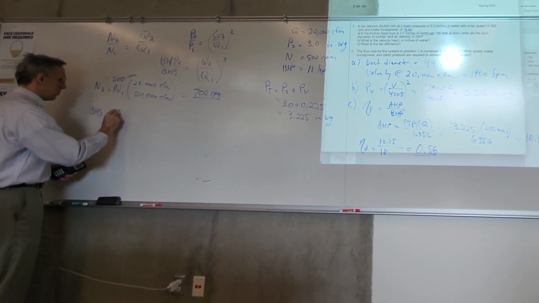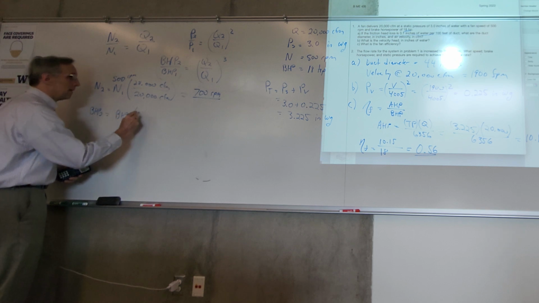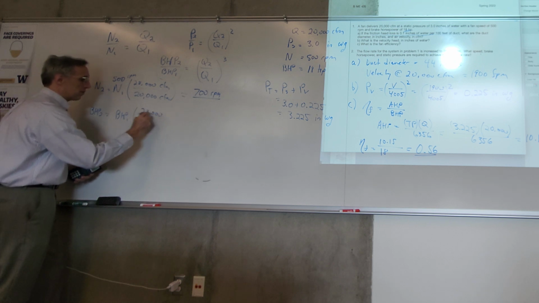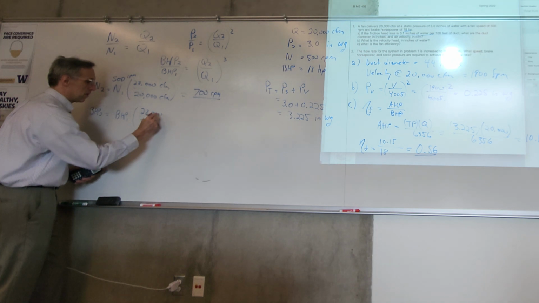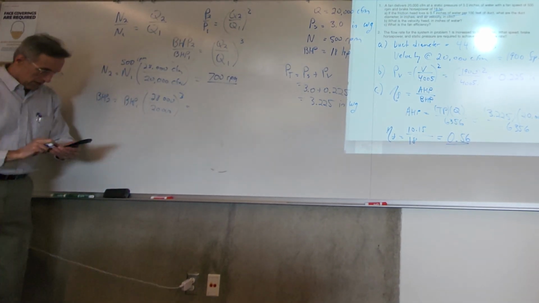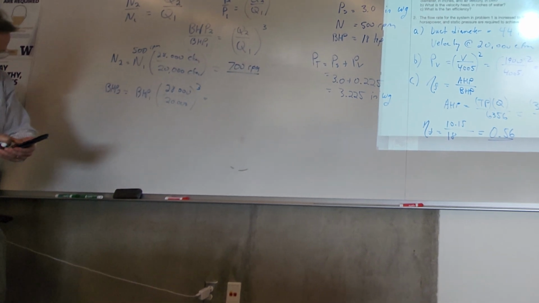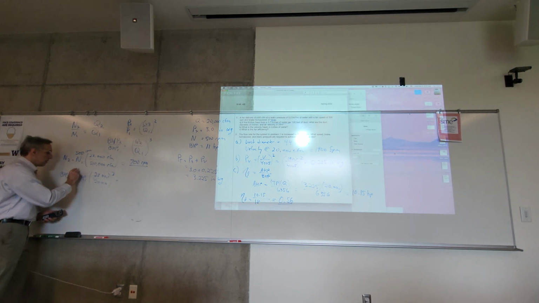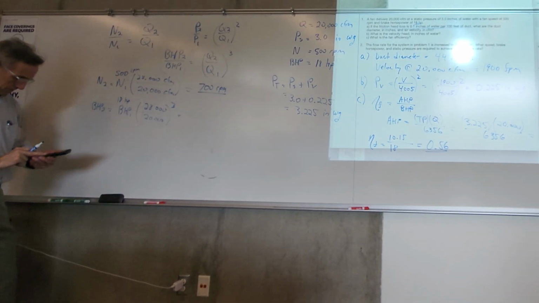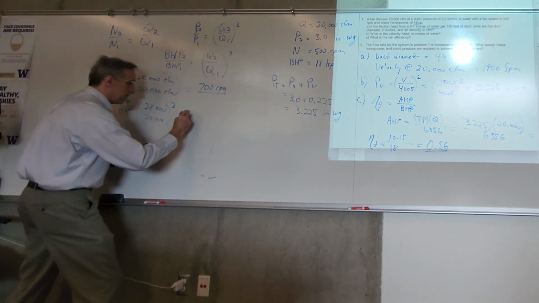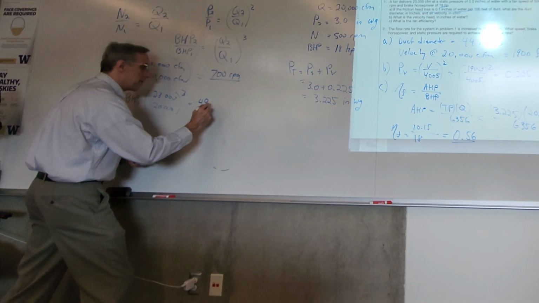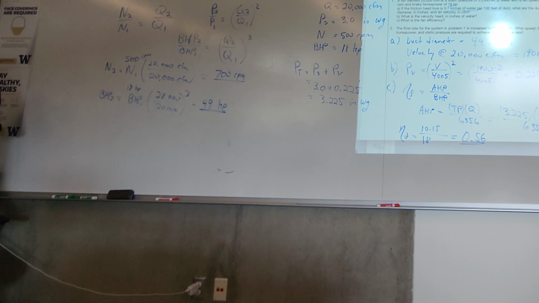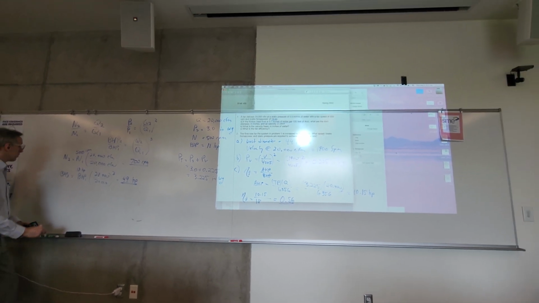So BHP2 equals BHP1 times 28,000 over 20,000 cubed, right? So 28 divided by 20 cubed times 18 gives us 49. Not a lot bigger, but it's going to be a bigger motor.